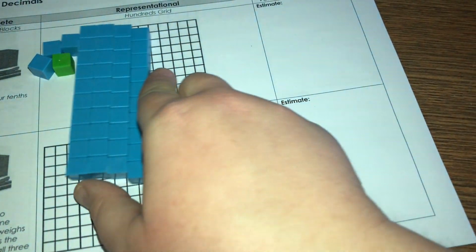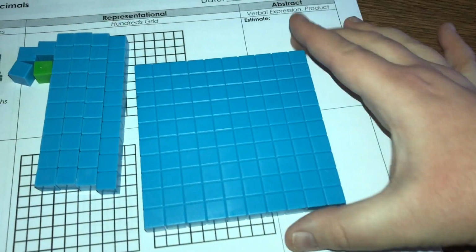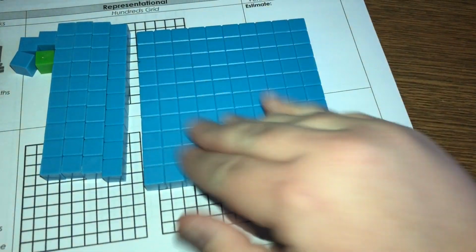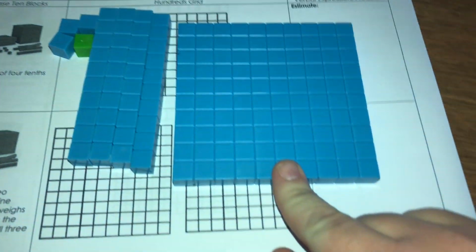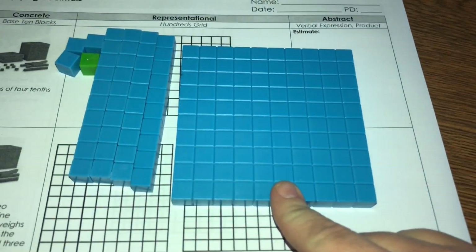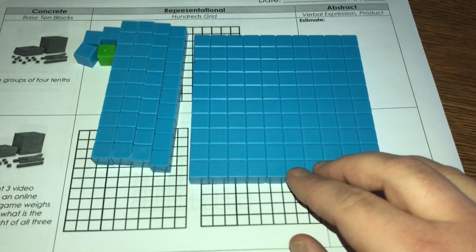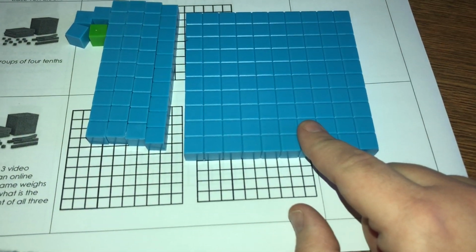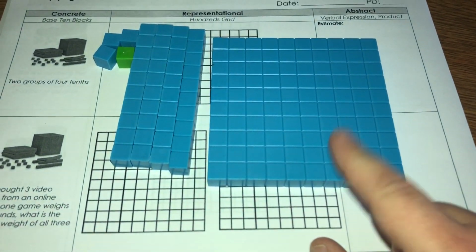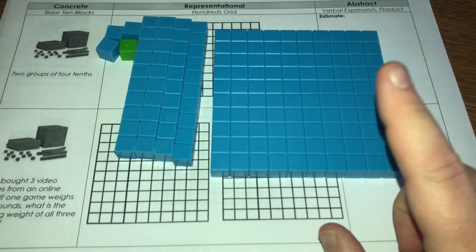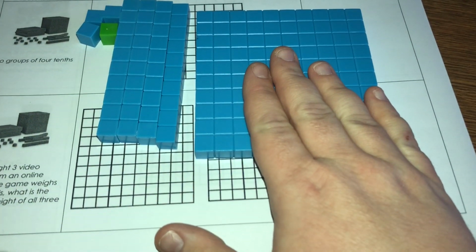And lastly, we have 100 hundredths that are known as one whole. In elementary school, you were exposed to these as 100, but right now they're going to be 1. So this is one whole.